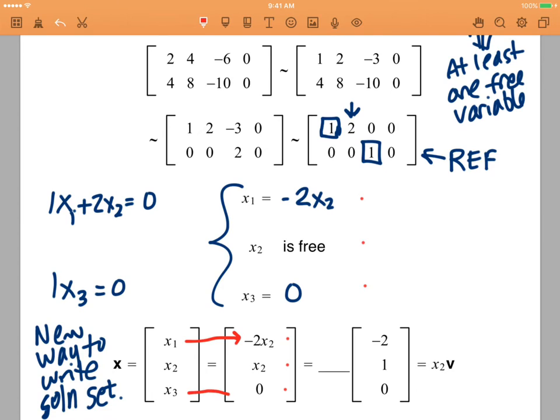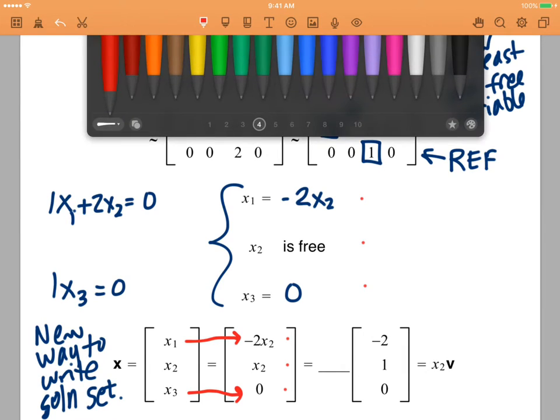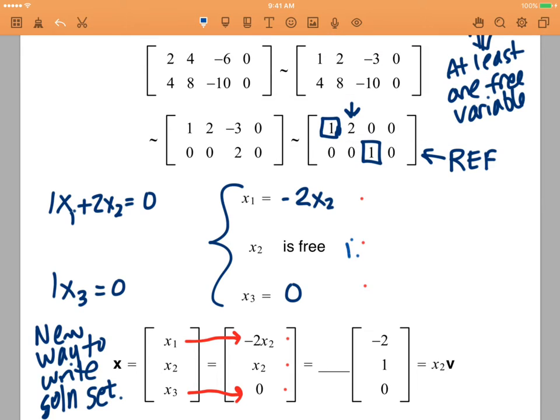The last equation gave us x3 equals 0. In the middle equation, instead of saying x2 is free, you could say x2 equals x2, because whatever x2 is, that's what it'll be, but it's the one you get to choose.